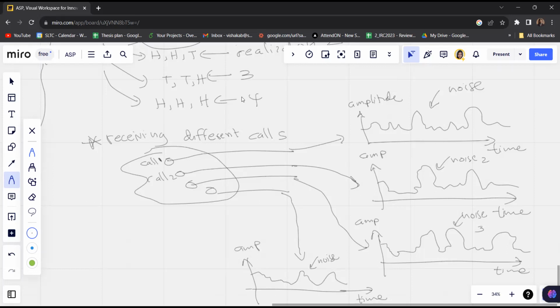So if we try to analyze all the different calls that we got, we need to consider the probability density function, right? In order for us to analyze a random variable, we used probability density functions earlier.